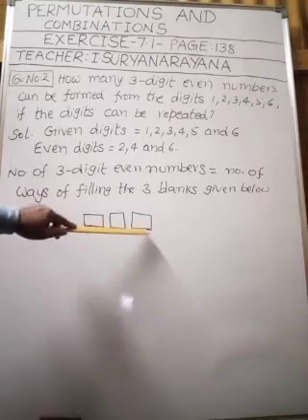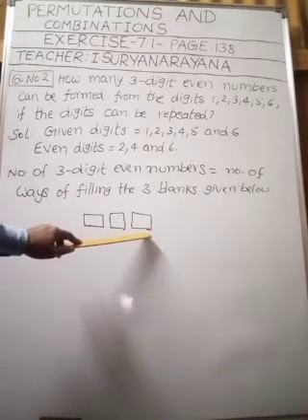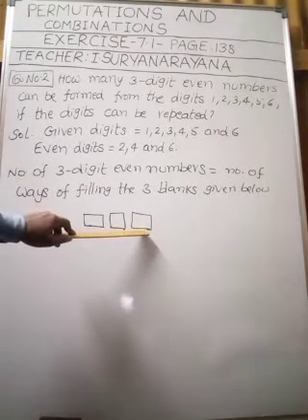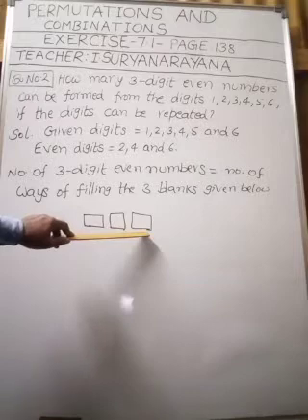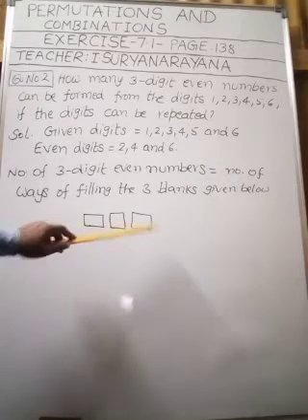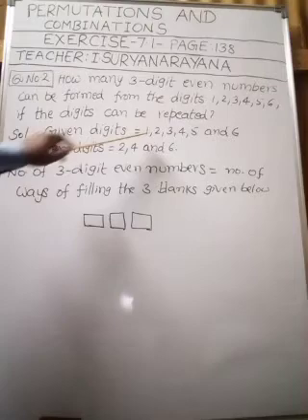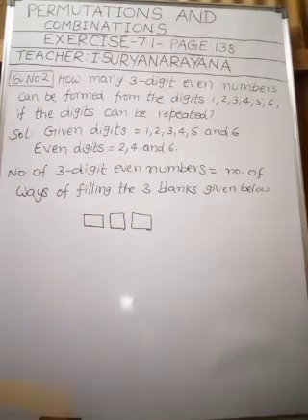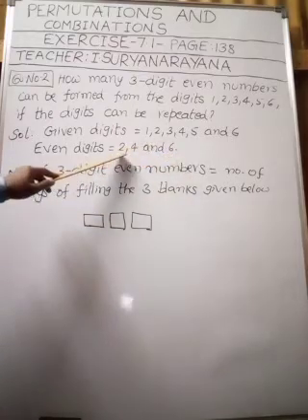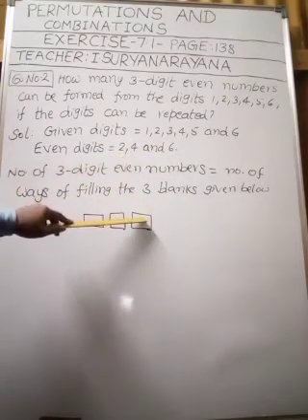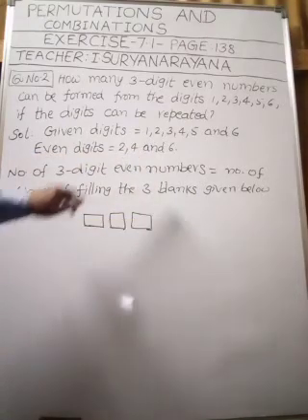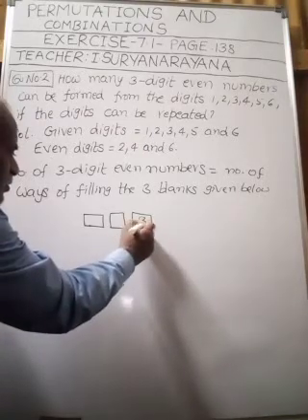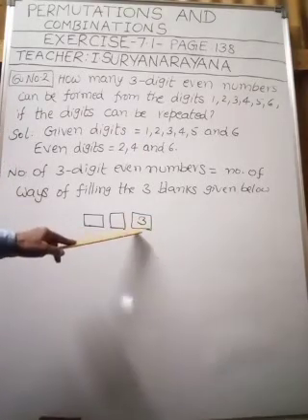Here, first of all, we have to concentrate on units place because even number means in the units place, even digit should be there. So what are the even digits in the given digits? 2, 4, 6. So the units place can be filled by any one of these three digits. Either by 2, or by 4, or by 6. So three ways.